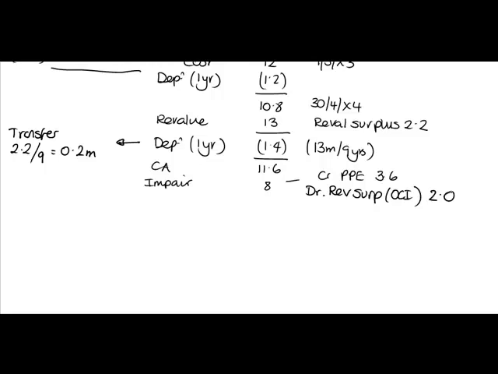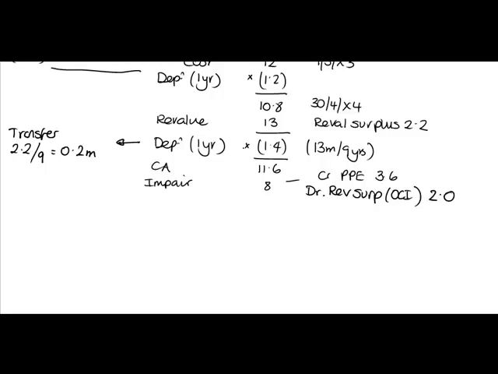Remember, each year you debit revaluation surplus, credit retained earnings. Our depreciation charge has gone up by 0.2, so it's the extra depreciation that we make the transfer for.